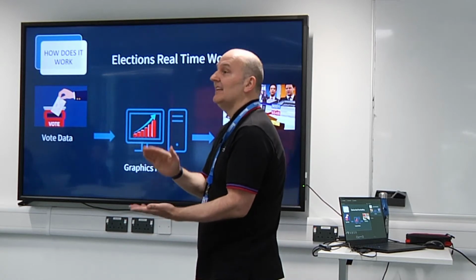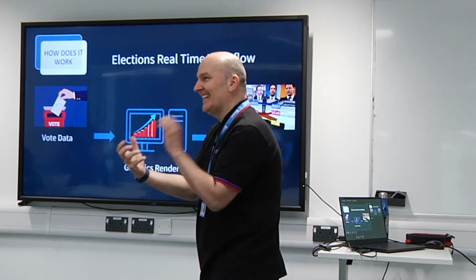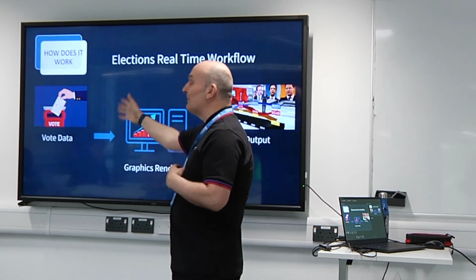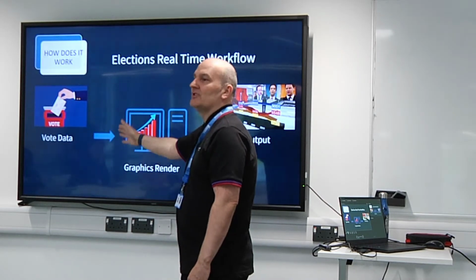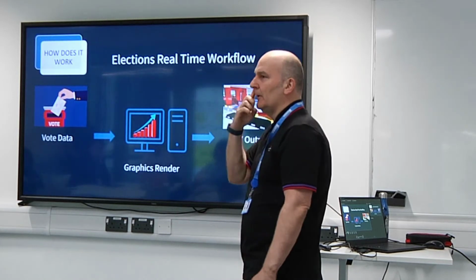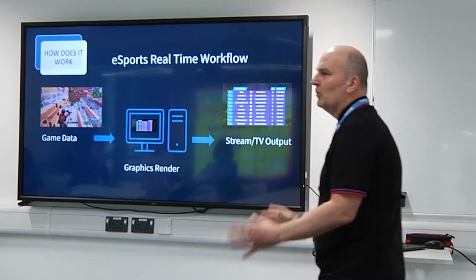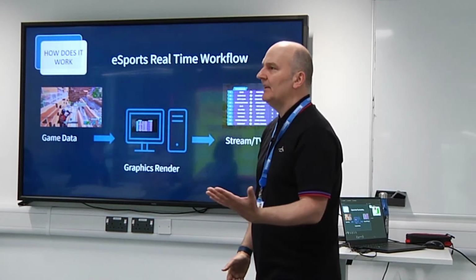I can't believe in this day and age we still rely on that to make a vote. Surely there's blockchain technology and an app that could help us. But anyway, that's what happens. Somebody tots it all up, it goes into the computer, the graphics are rendered, and that's what you see on the final output. Esports is a very similar workflow because we've got game data, and you think about everything that's happening in a game.